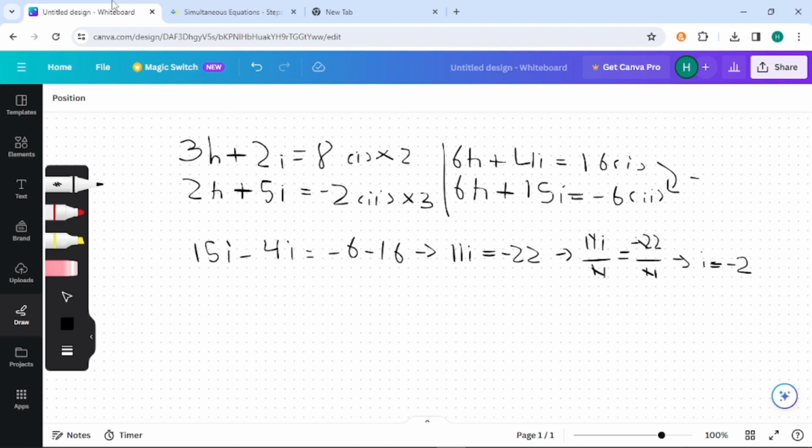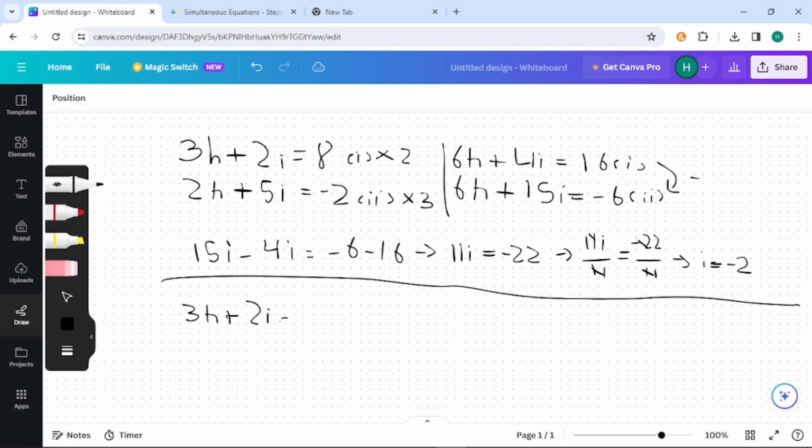Well, if we want to find the value of h, we can take one of the equations. For this example, I'm going to take 3h plus 2i equals 8, and then replace the i's value with the one we found.